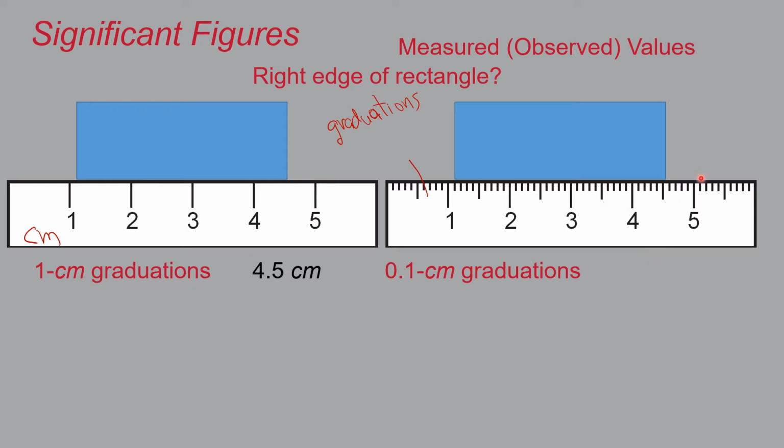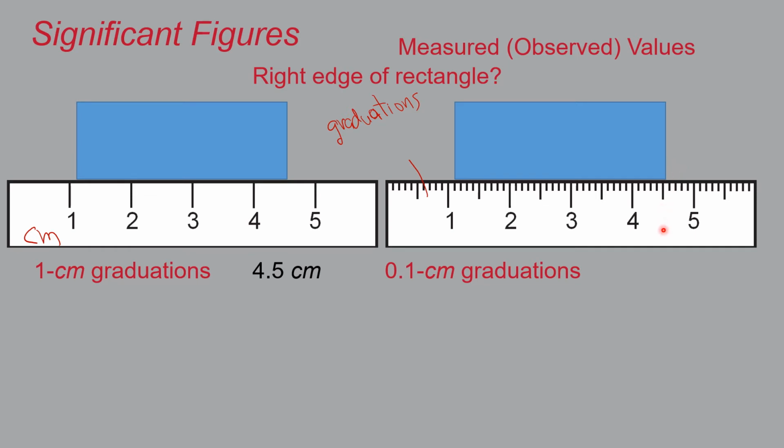Now, what would you say here? I should note that these objects are the same, the blue rectangles are the same exact size, and they are placed at the same exact position on the rulers. I would ask you to give me a reading for here. The difference here is that you've got many more graduations, right? So right now you can see that the edge is actually beyond the 4.5 mark, which is this one right here.